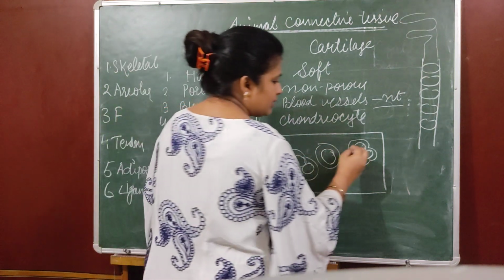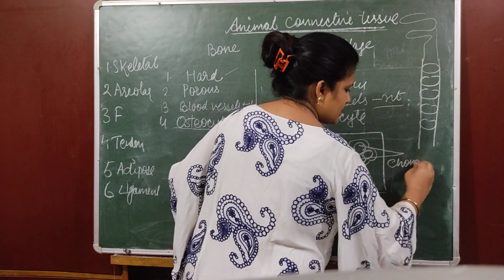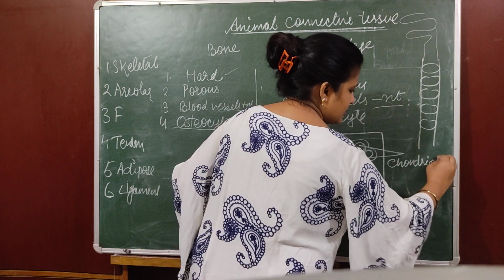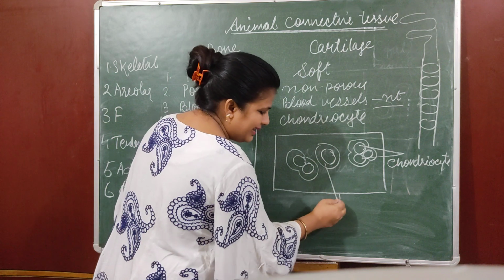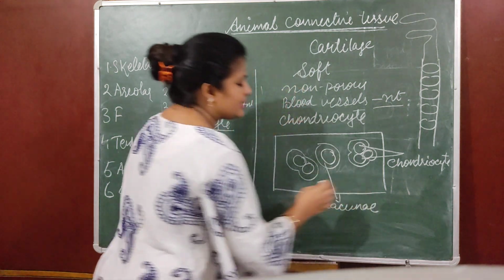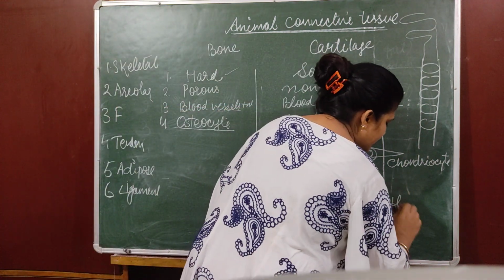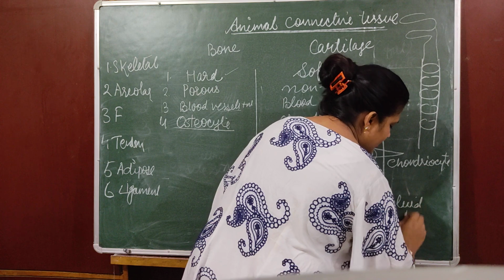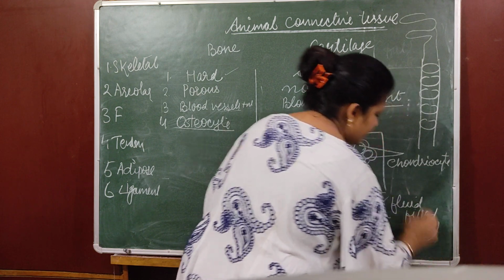Okay, so these are chondrocyte cells, and this is lacunae. What is lacunae? Lacunae is a fluid filled space. It's an empty space where the fluid is filled. Fluid filled space. Okay.